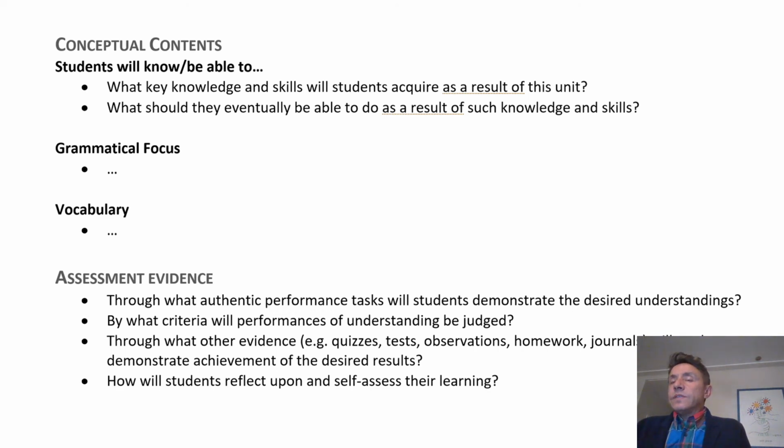In order to answer these questions, what you can do is grab each of the texts that you have chosen and ask yourselves, what is it that students are supposed to learn from each of these texts? The answers to these questions are likely to be listed here. Then the grammatical focus, the vocabulary, and then the assessment evidence.